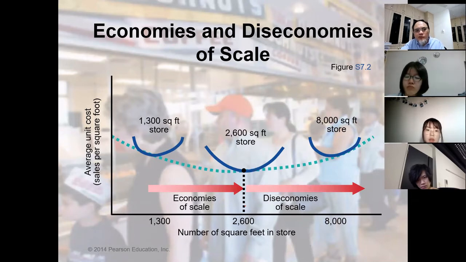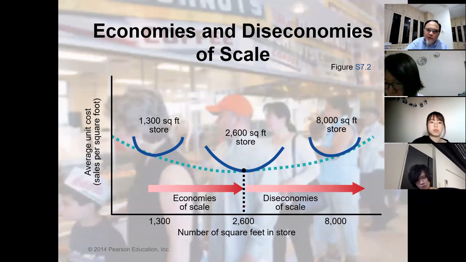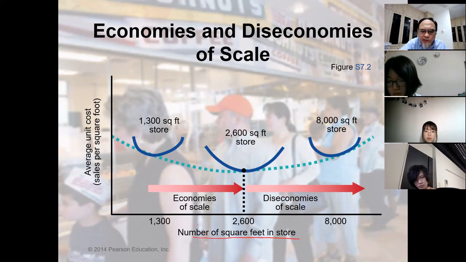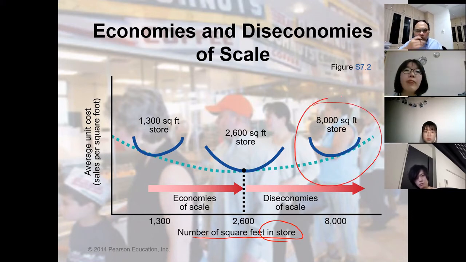Now, this is just a concept about economies of scale and diseconomies of scale. What is the size? You need to optimize the number of square feet in the store. In COVID time, if the store is too big, there is no economy of scale.